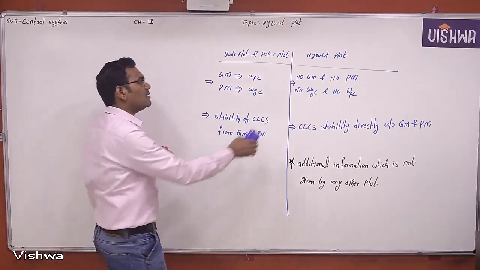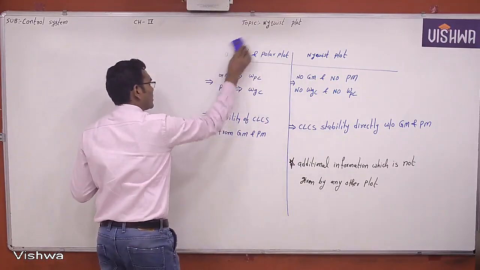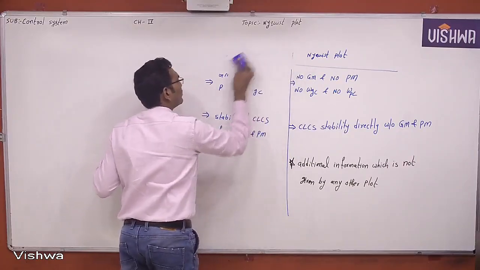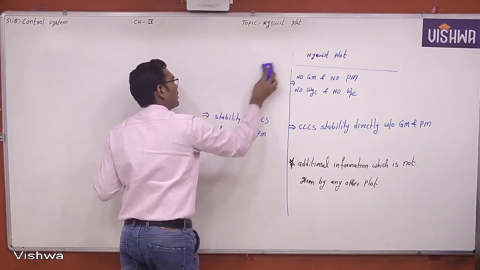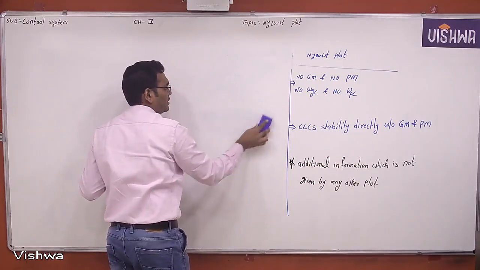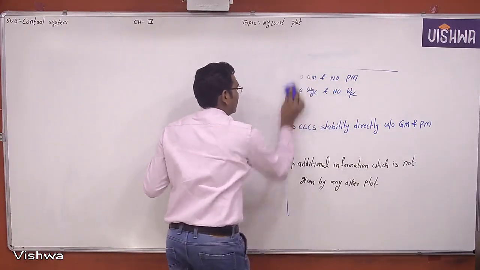Note down this. Because of these reasons, this plot is very famous. So keep these two points in mind, then we will see the Nyquist plot.